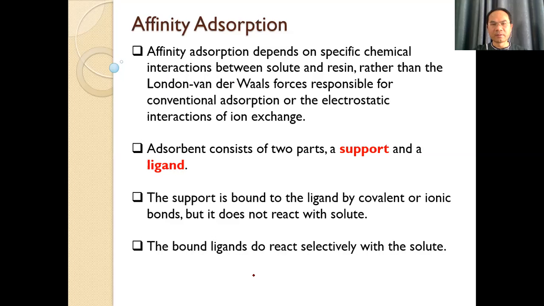For this case, the adsorbent consists of two parts, the support part and the ligand part. The ligand part is specific to certain solutes only. The support is there to support the ligand. The support is bound to the ligand by covalent or ionic bond, but the support does not react with the solute. Only the ligand will react selectively with the solute.